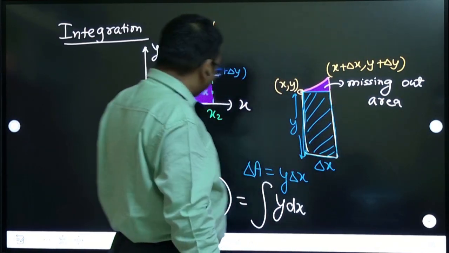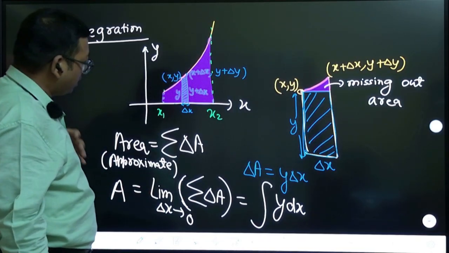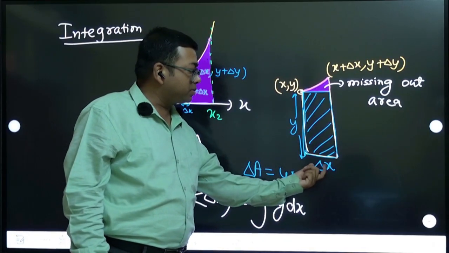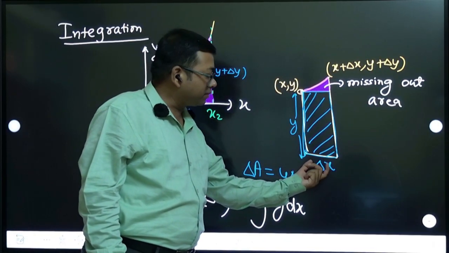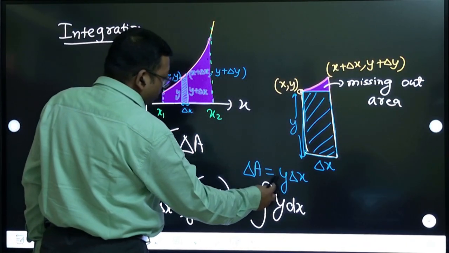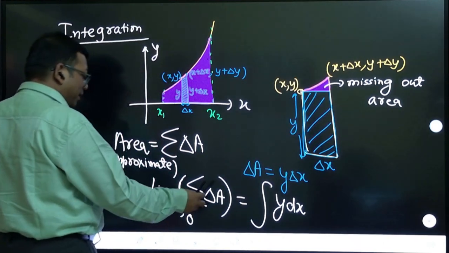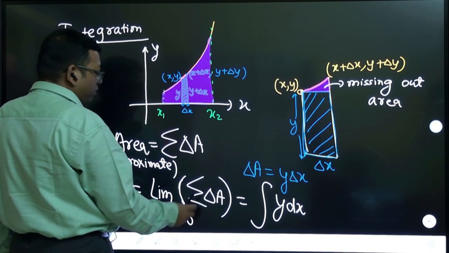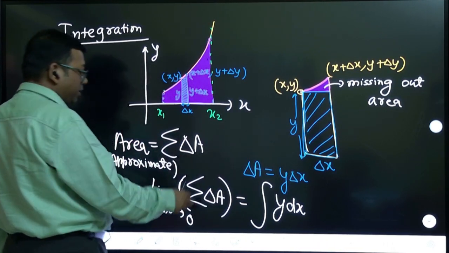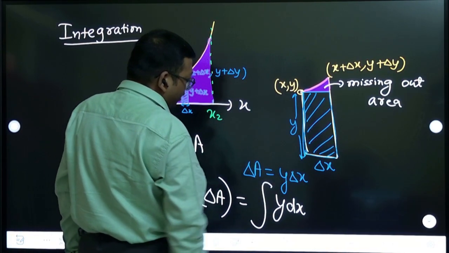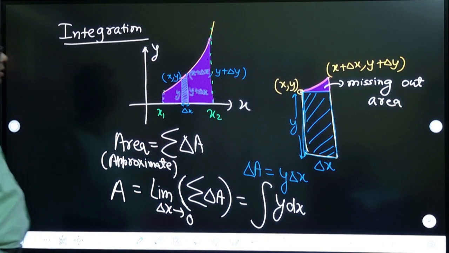So this will give us approximate area, but if you want exact area, you need to make this small thickness delta x very small. For that, you will do integration. So you have to apply limit. When delta x tends to 0, the limit of this summation will become integration of y dx. So that is the concept of integration.